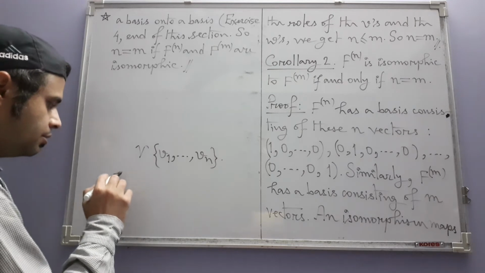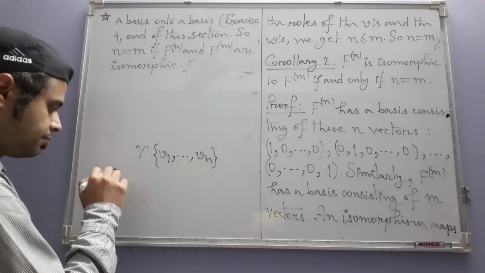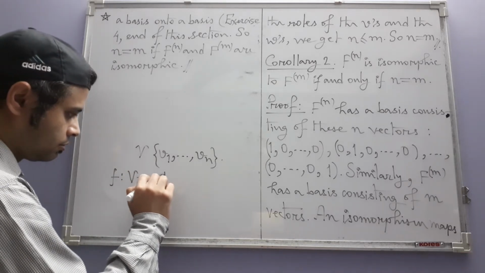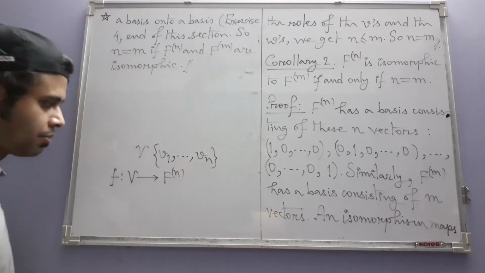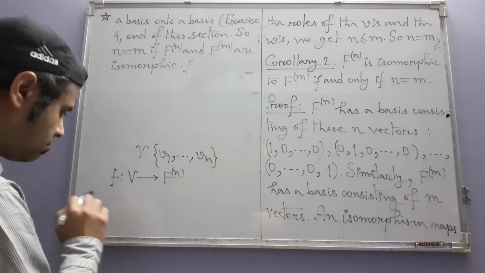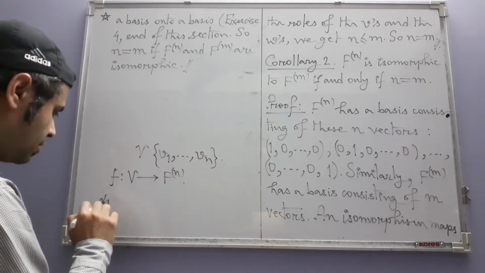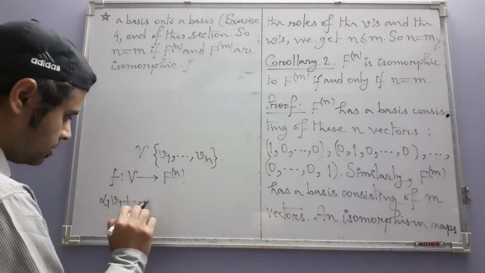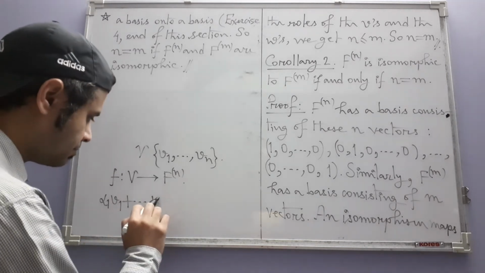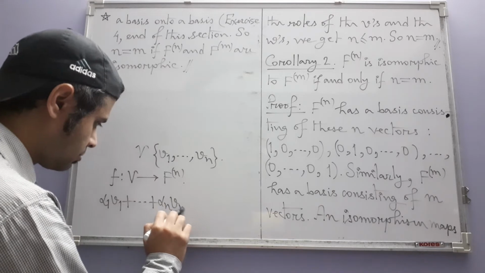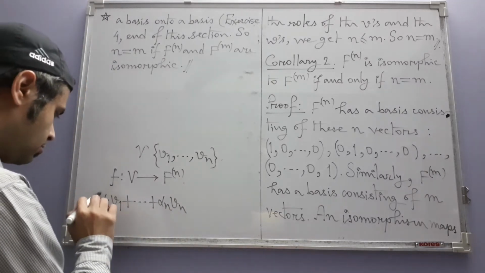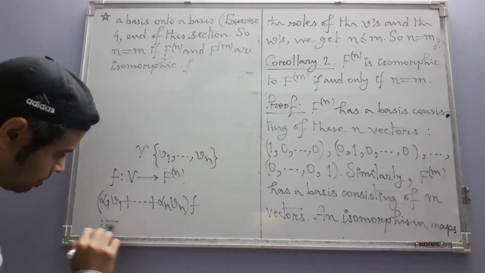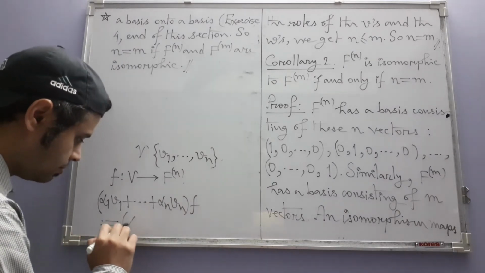What we then did, we defined a map like this, where any vector in V, which is of course a linear combination of the vi's, was mapped onto this n-tuple.